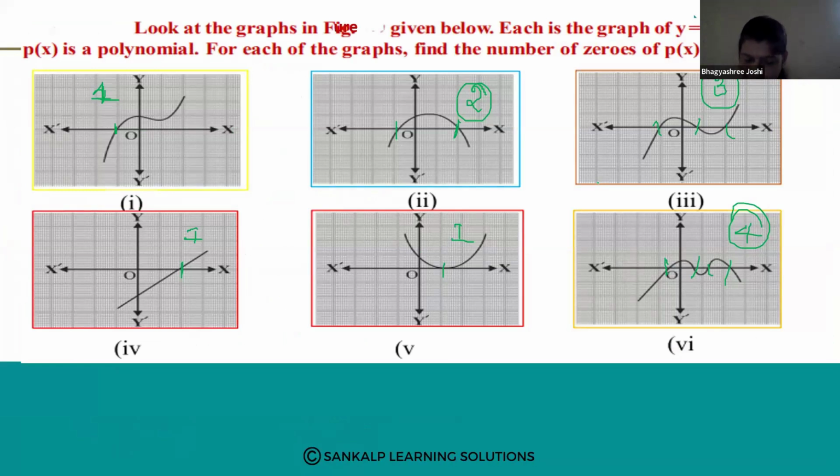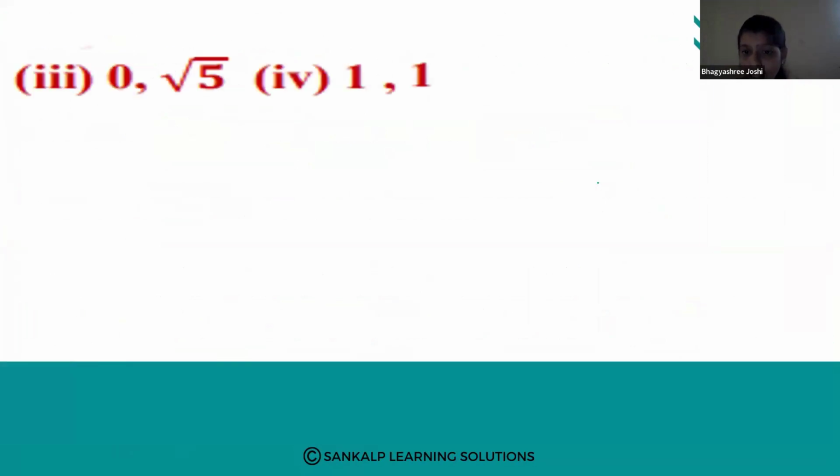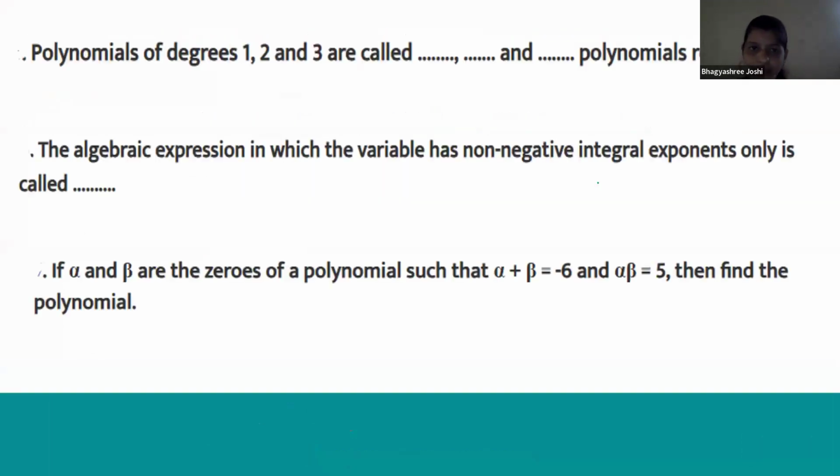Up to that, I will give you one homework. So already you know the factorization method. All of you have your notebook and pen along with you. So I will give you one homework.